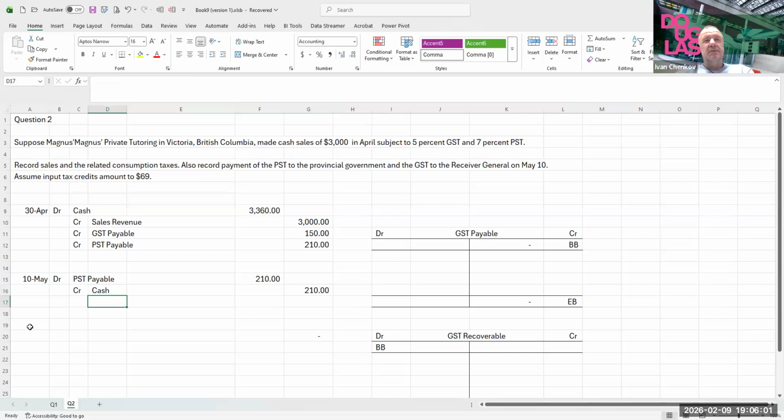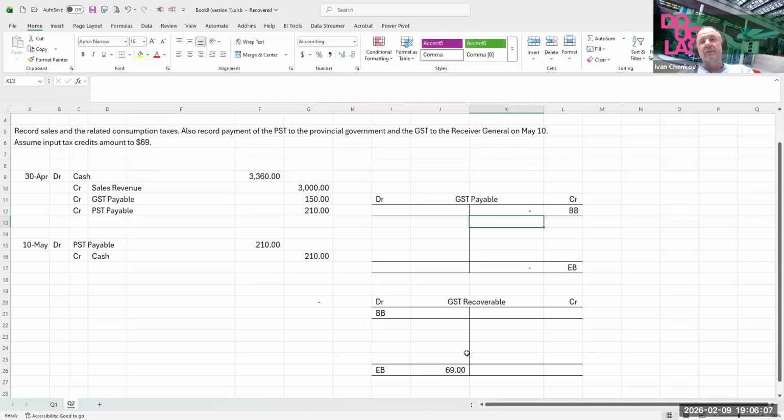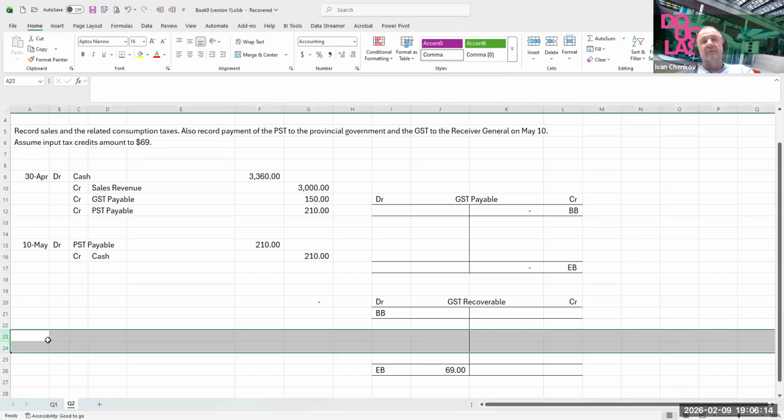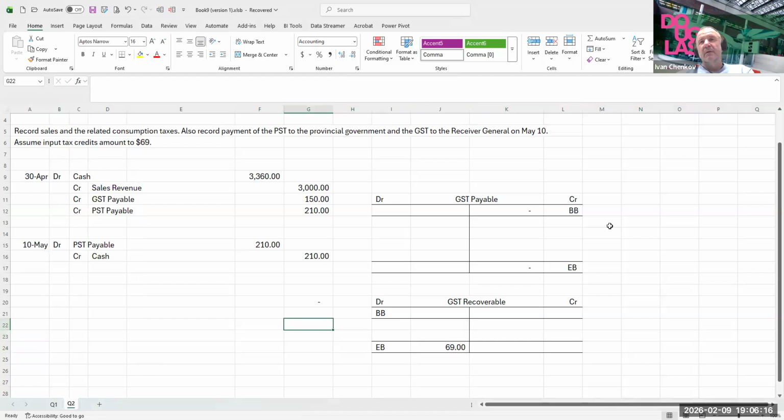Now let's deal with the GST accounts. We're going to have two amounts, zero balance here. The GST recoverable has a balance of 69 on recovery. Now we have to close this account to zero, so we have to credit this account with 69. That's how we're going to bring it to zero.